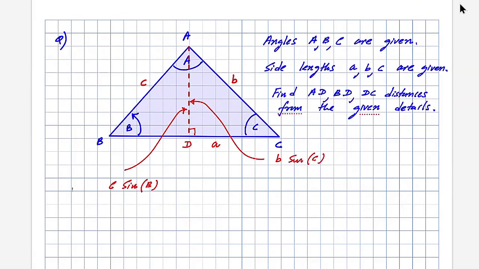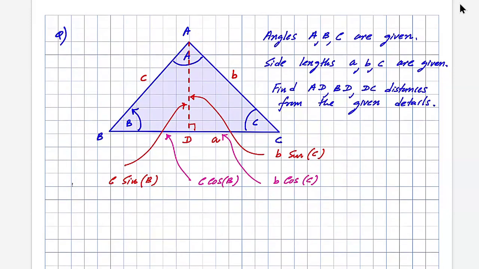Again, you can find this side length, that would be C cos B. And this side length, now you can write, it is going to be B cos C. So if you look into this diagram, you can see B sine C should be equal to C sine B. Why?